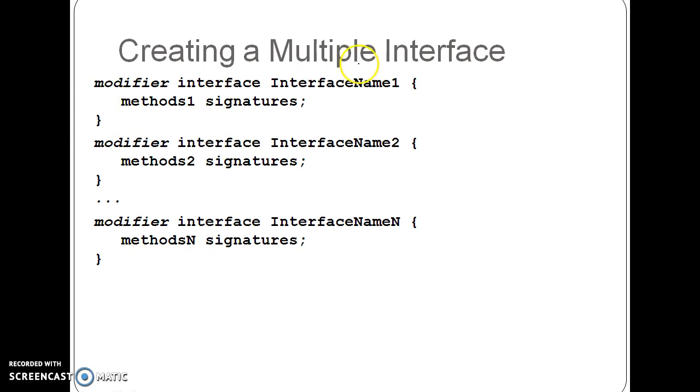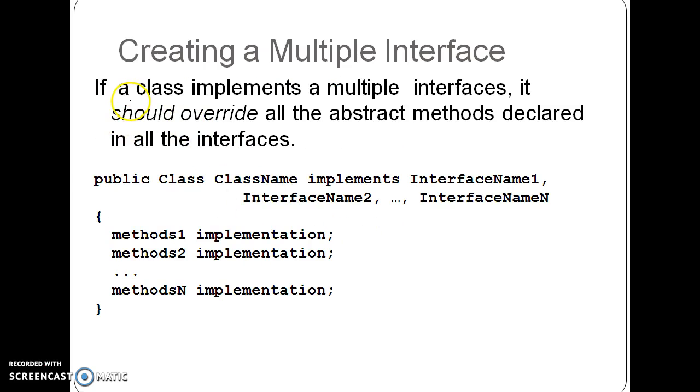So the modifier is okay. How to create multiple interfaces? Modifier interface name 1, then signatures, then interface name 2, signatures, and similarly we can create any number of interfaces. If we are creating a class which implements multiple interfaces, like here the class is implementing interface name 1, interface name 2 and interface name n, then it should override all the abstract methods defined inside the interfaces.